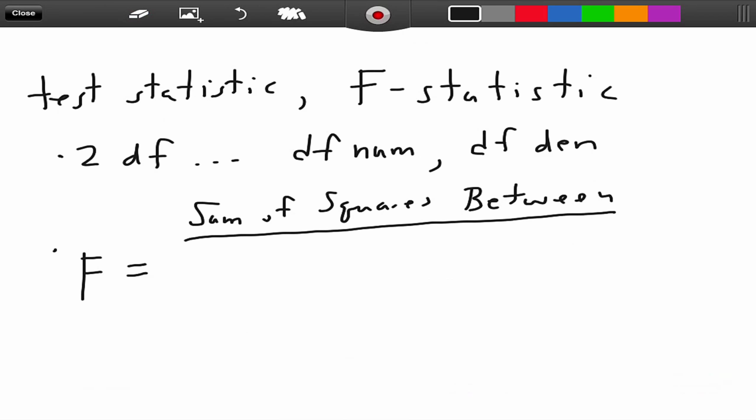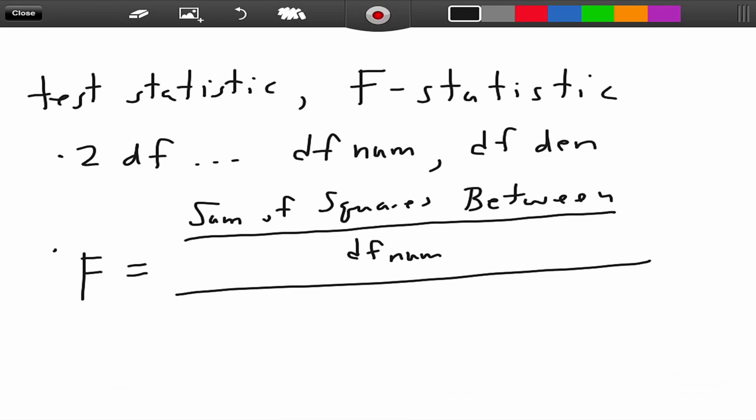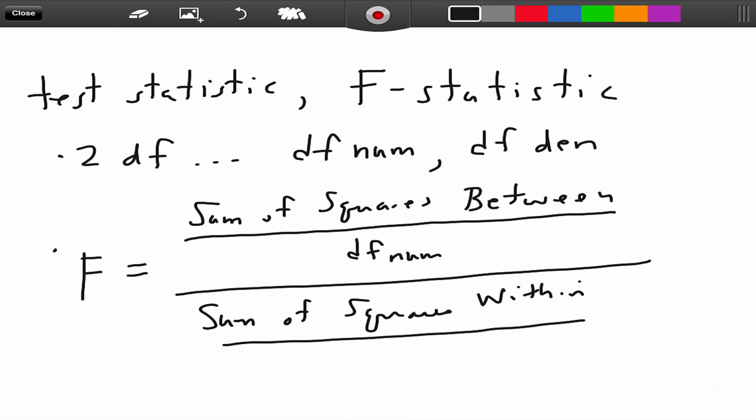so we're going to divide this by the degrees of freedom for the numerator. And the denominator here, we're going to have the sum of squares for what we call the within variation, divided by the degrees of freedom for the denominator.